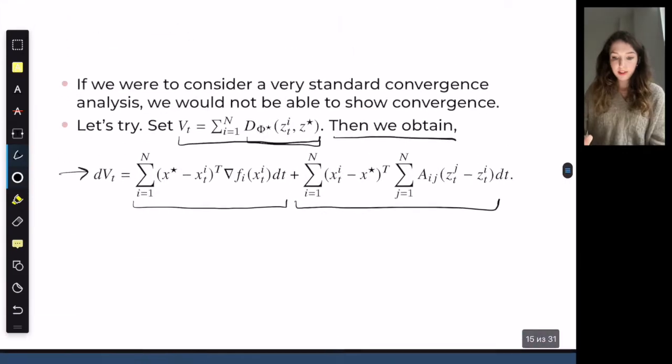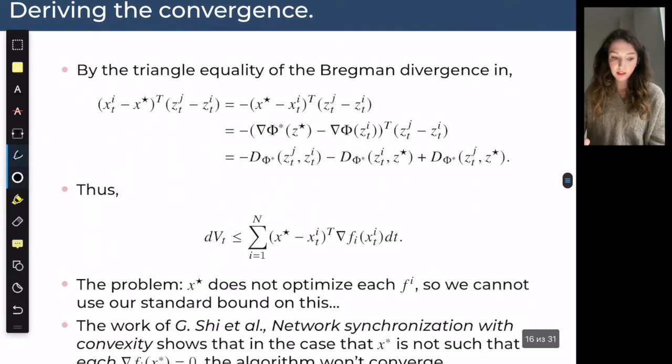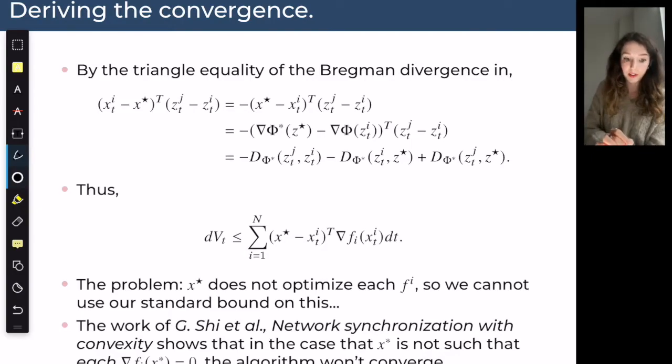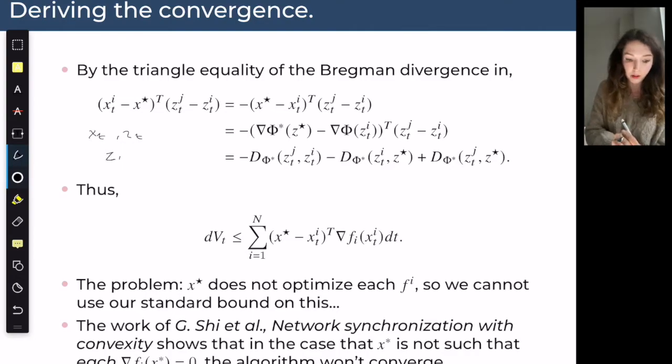So for the second part, for this term over here, we can use this triangle equality that the Bregman divergence satisfies. Specifically in our notation, it would say that (x_t^i minus x star) transpose times (z_t^j minus z_t^i). Important here is that, again, these x_t and z_t are kind of primal-dual variants of each other, mapped to each other with the mirror map.